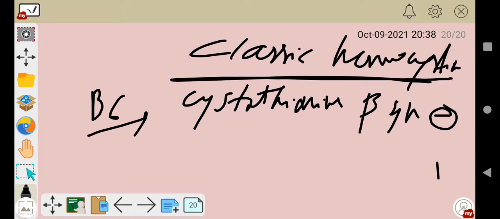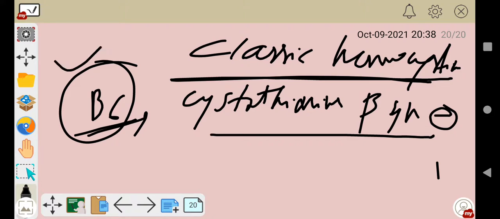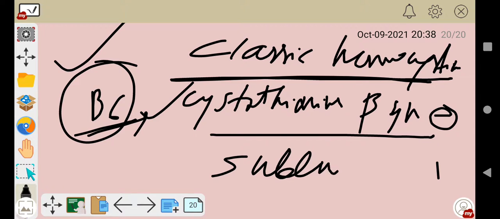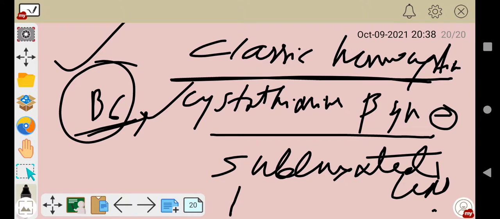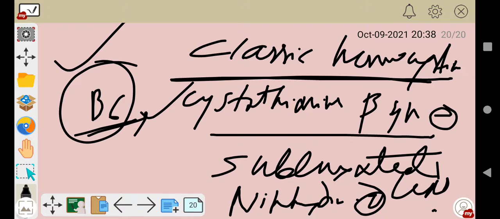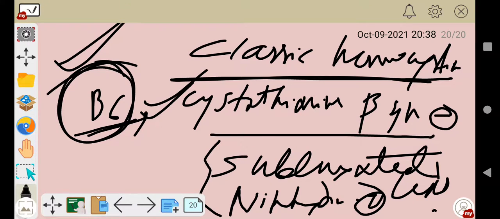B6 is the cofactor. Everything has been asked. And there occurs subluxated lens, and ninhydrin is positive. These two you may forget, but these two don't forget: B6 is the cofactor, cystathionine beta synthase defect.